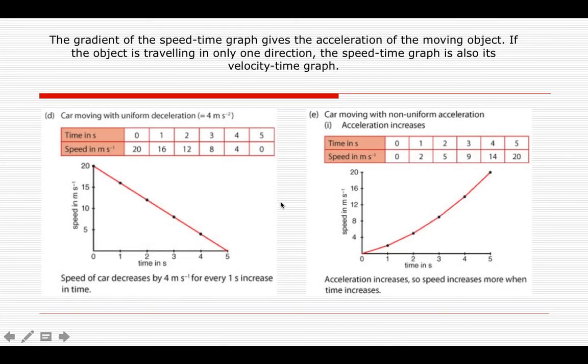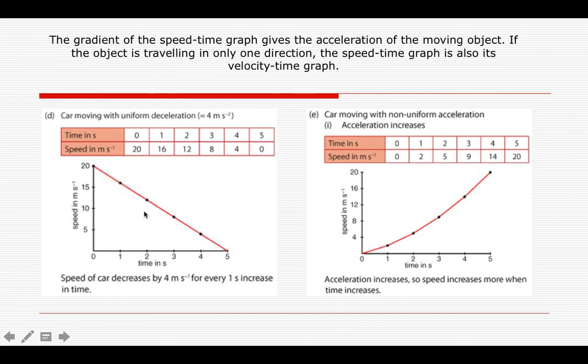Now here, if you look at this graph, initially at time 0, the speed is 20 meter per second. But as the time is increasing, the speed is decreasing, because from 0 to 1, the speed has gone down from 20 to 16. From 1 to 2, it has gone down from 16 to 12. So you have a graph something like this.